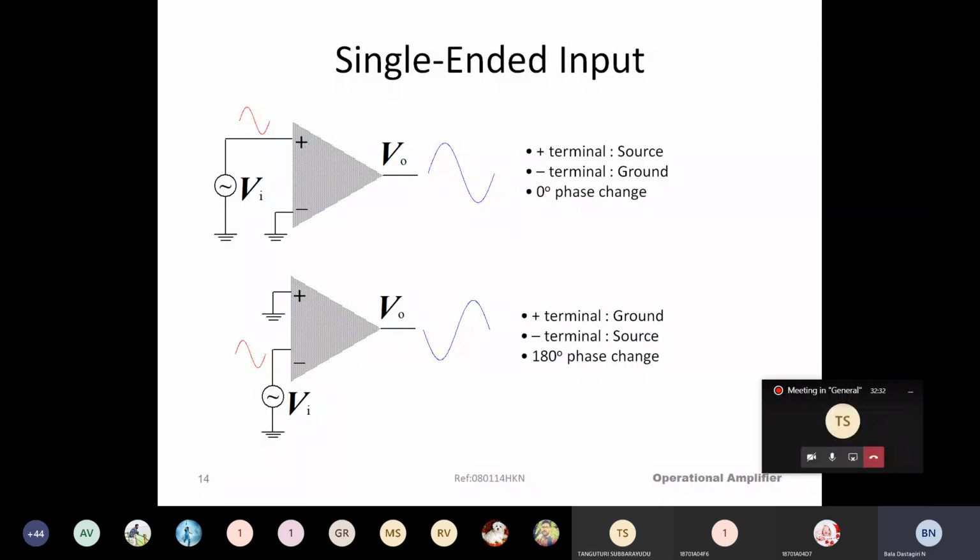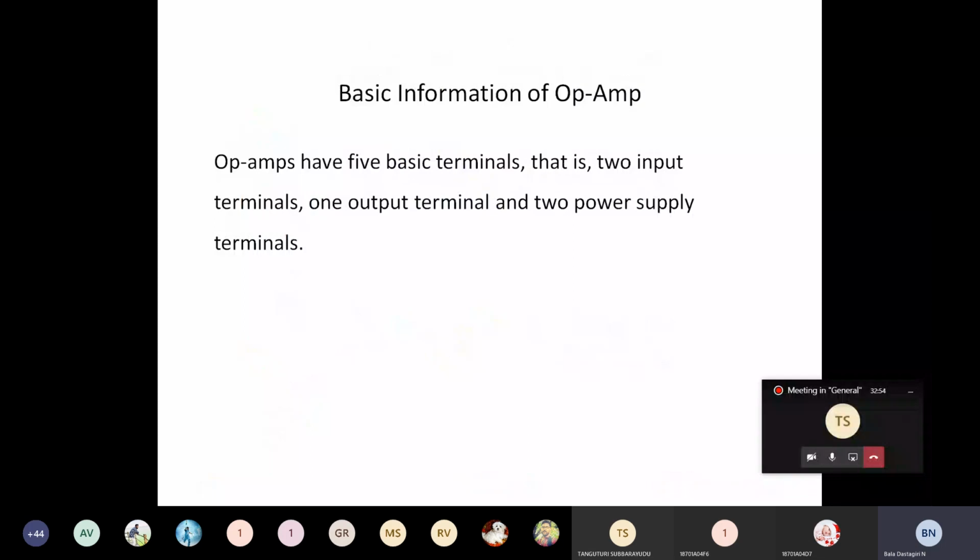When we apply the voltage only at the inverting terminal and ground the positive terminal, there will be amplification, but also a phase change between output and input.